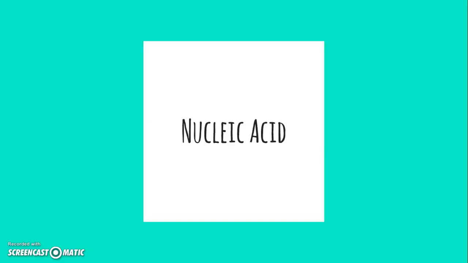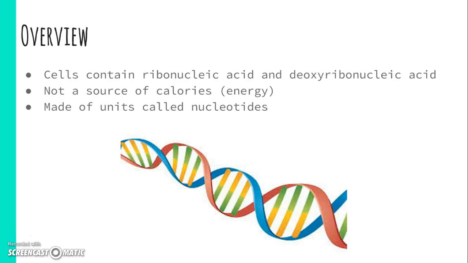So the final macromolecule we're talking about is nucleic acid. Nucleic acid cells contain ribonucleic acid or deoxyribonucleic acid, so either RNA or DNA. They are not a source of energy or calories, and they're made up of units called nucleotides. They're the building blocks of life.